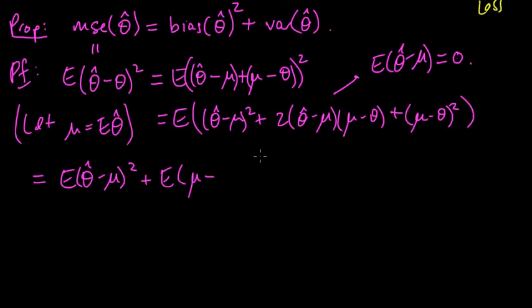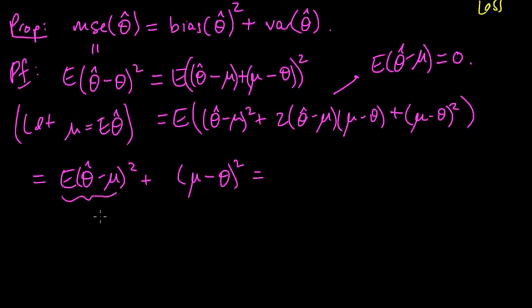And we get the expected value of the first term plus the expected value of the last term. And in this last term, theta is a constant, mu is a constant, so the expected value of a constant is that constant. And what's the first term? Mu is the expected value of theta hat, so this is just the definition of the variance of theta hat.